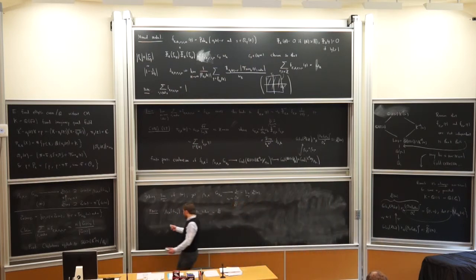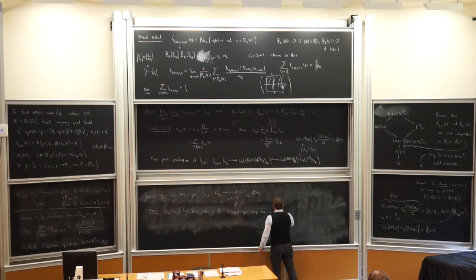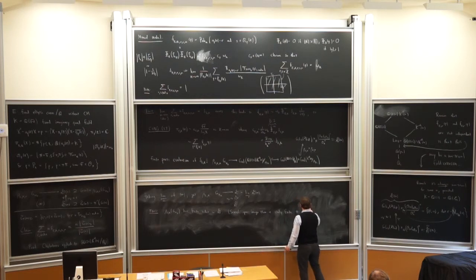Okay, so this follows from Serre's open image theorem plus, you draw the appropriate diagram. So this comes from Serre's open image theorem plus only a finite number of entanglements.